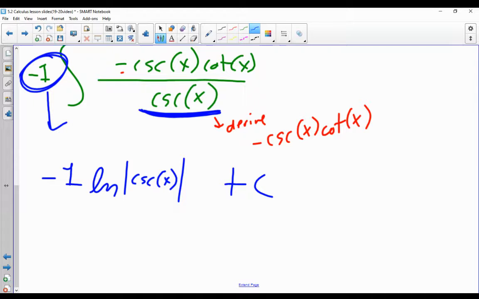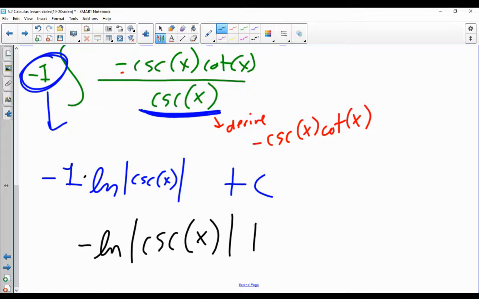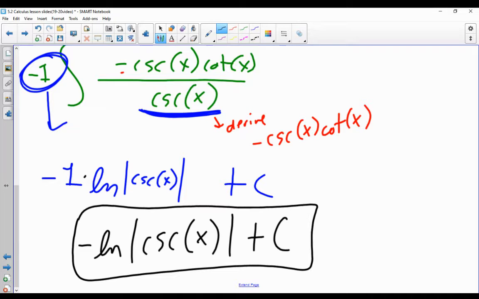So negative 1 times natural log cosecant x plus c. Or if you actually multiply that, that just becomes negative natural log cosecant x plus c. And there you go. That trick is extremely handy for these examples, so keep that in mind.